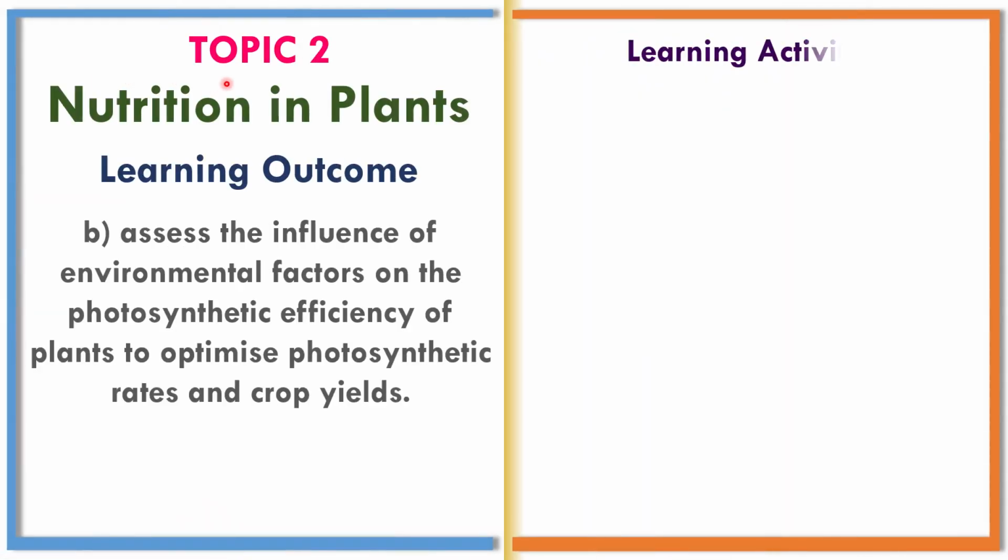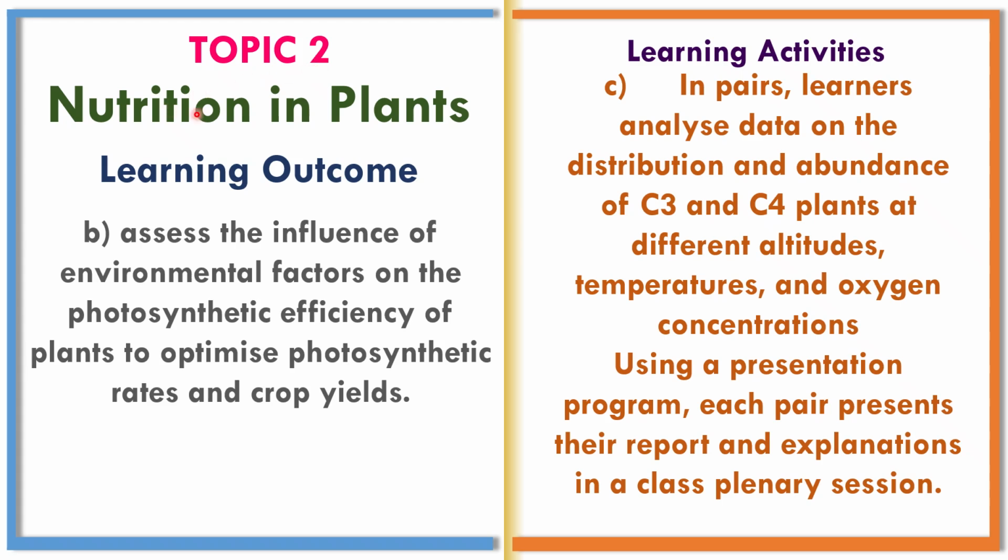Thank you for participating in topic 2, nutrition in plants. The learning outcome B, assess the influence of environmental factors on photosynthetic efficiency of plants to optimize photosynthetic rates and crop yields.